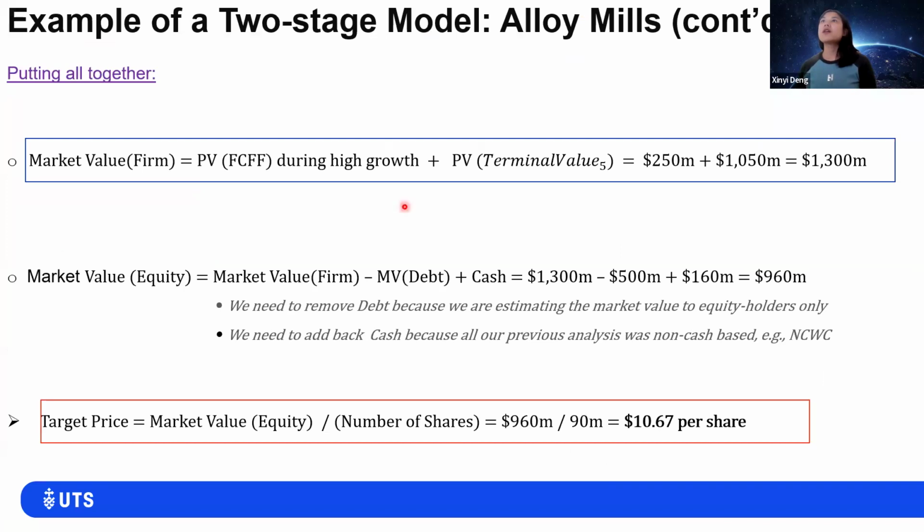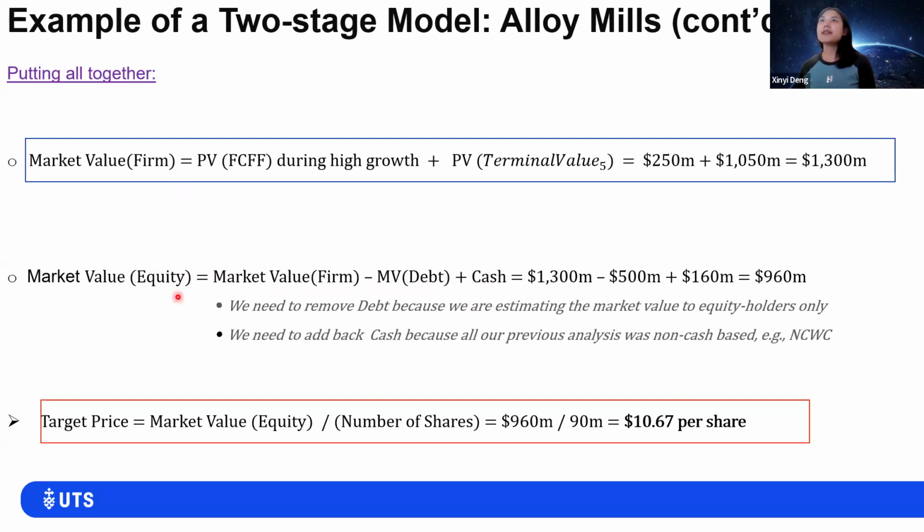One final thing about today's calculation is that when we are calculating using FCFF, as we said, we naturally arrive at the market value of the firm. If we want to derive the market value of equity, we need to take the market value of the firm, subtract the market value of debt, and then add cash.